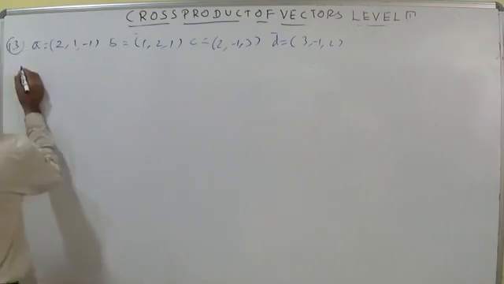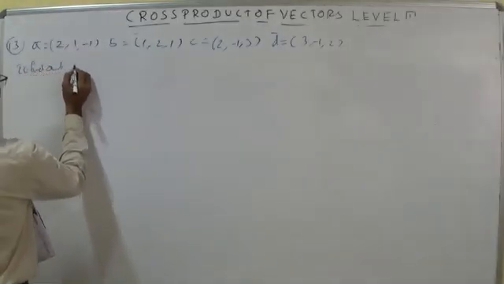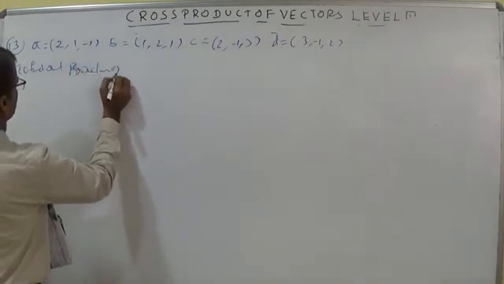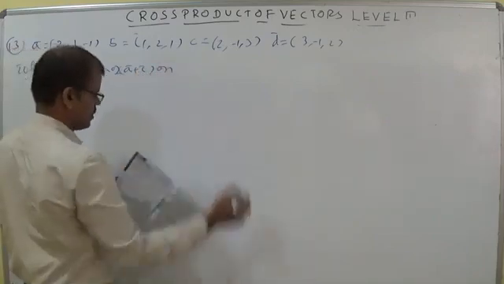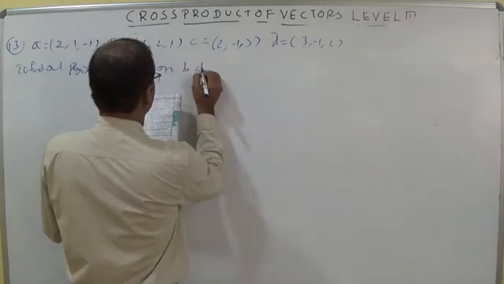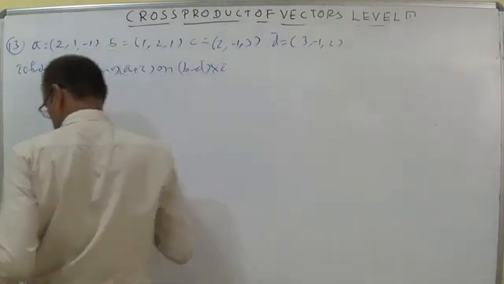Projection of A plus C to find out, I am writing what he given. Projection of A bar plus C bar on the vector B bar minus D bar cross C bar.